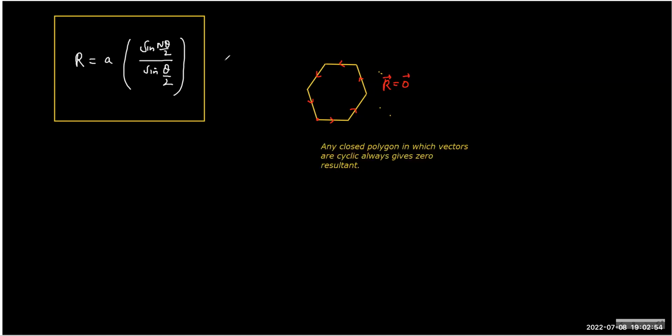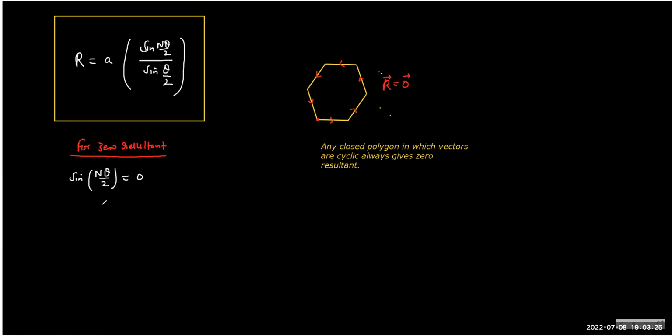So what will be the condition in this particular case for 0 resultant? Mathematically we can say the numerator must be 0. So n theta by 2 must be 0, and sine is 0 when the angle is 0, correct?